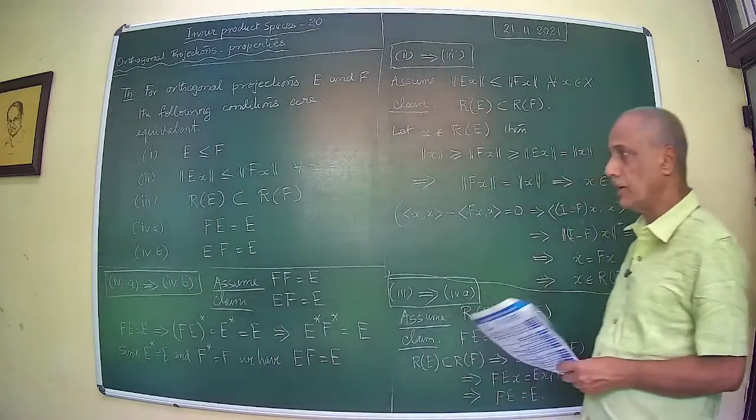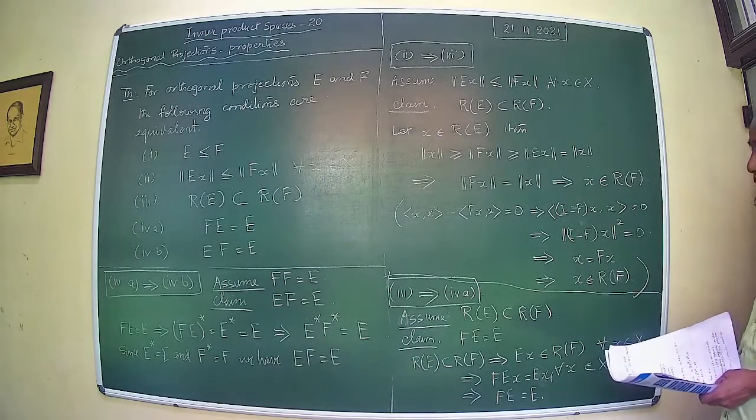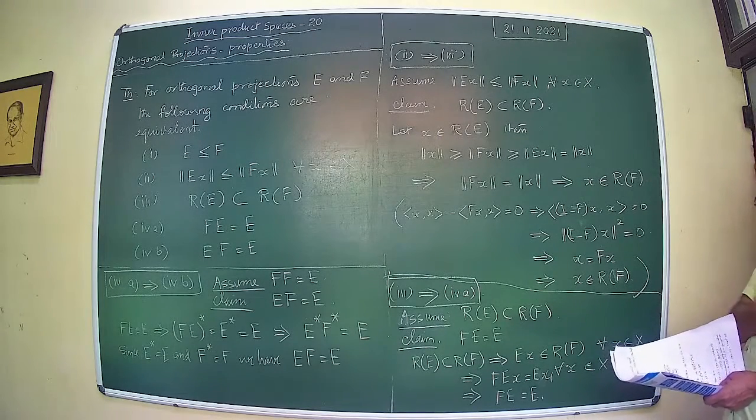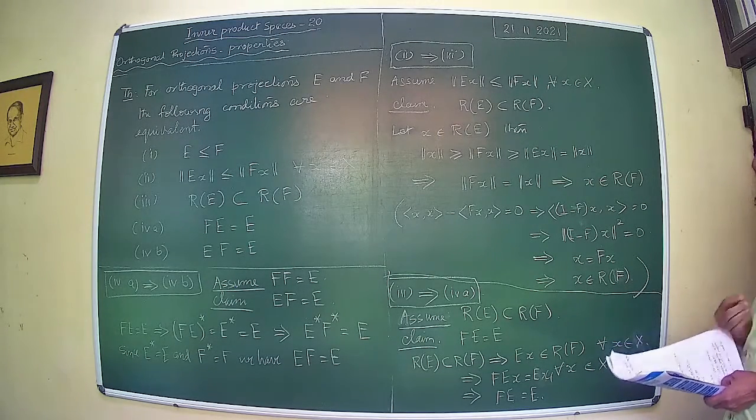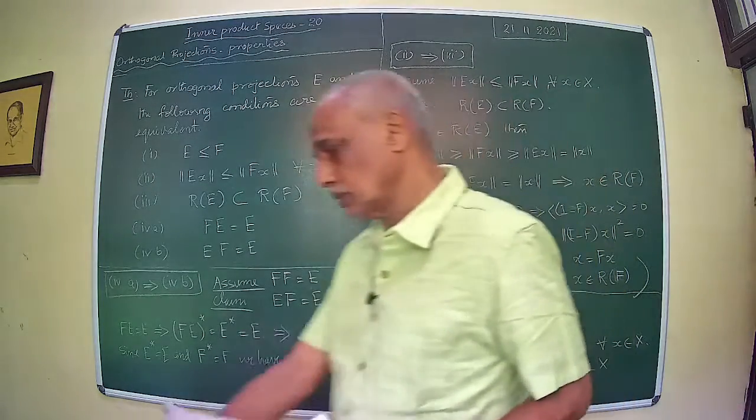Now there is only one more thing remaining, that is, if you can prove 4B implies 1, then the cycle is complete. So we prove that.